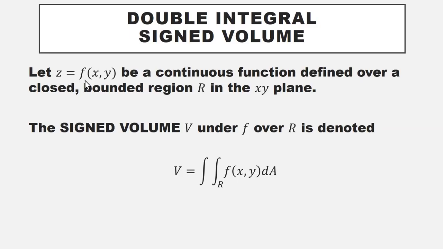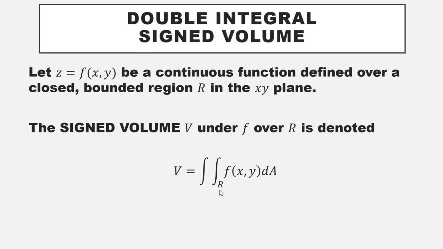If we let z equals f of x, y be a continuous function defined over a closed bounded region R in the xy plane, the signed value under f but over the region R is denoted by this double integral.